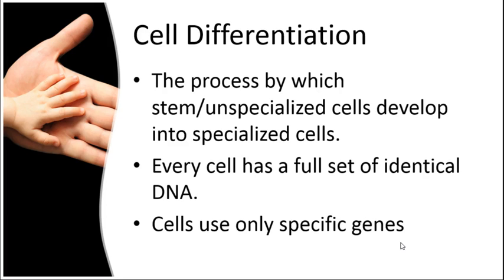Now, every cell has a full set of identical DNA, okay? But specialized cells use only specific genes. So you can imagine all of the DNA in your cells like a book, okay? But certain cells read only certain chapters or even certain parts of chapters. Okay, and then the rest of it just gets completely ignored.